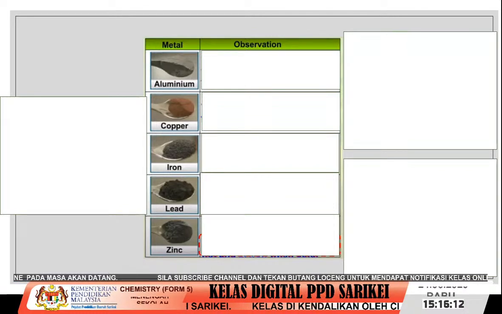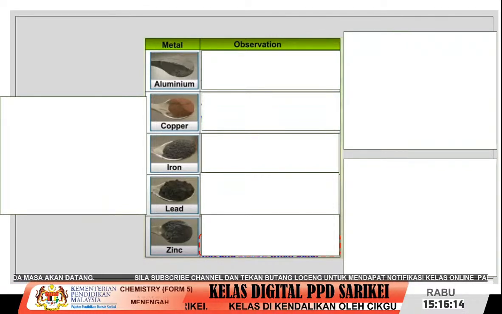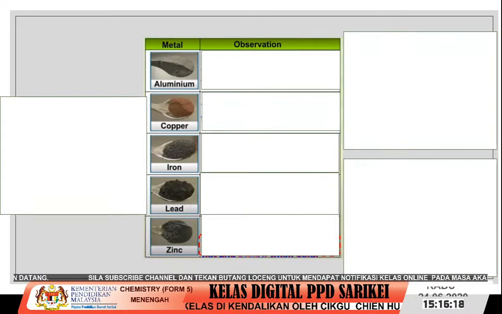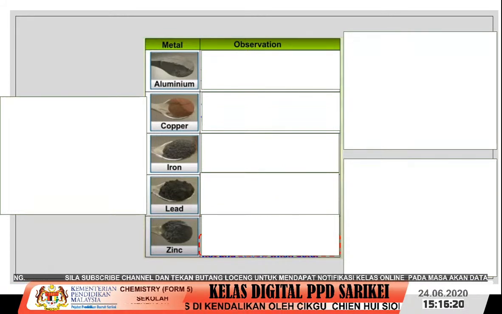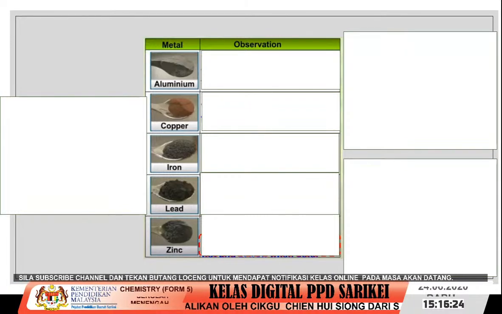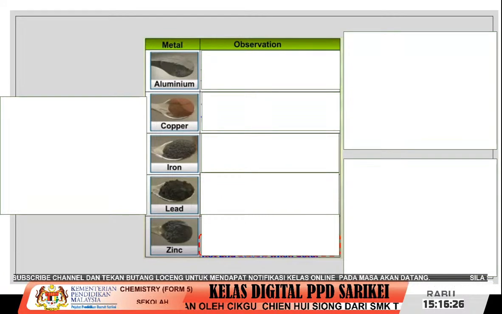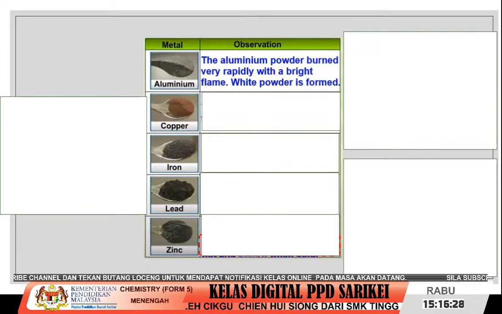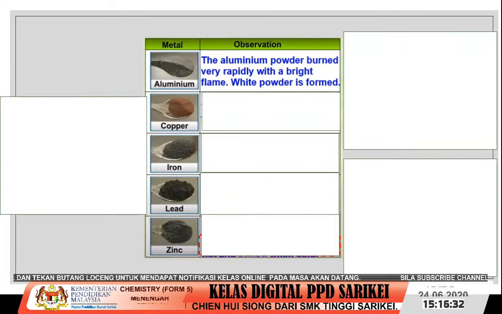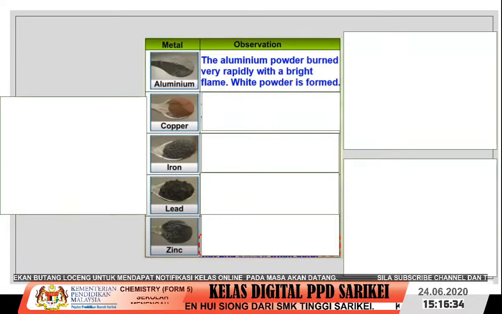Now let us refresh the observations that were recorded in the blackboard demonstration in the video clip just now. We had chosen aluminium, copper, iron, lead, and zinc in the demonstration. Aluminium powder burns very rapidly with a bright flame. A white powder is formed.